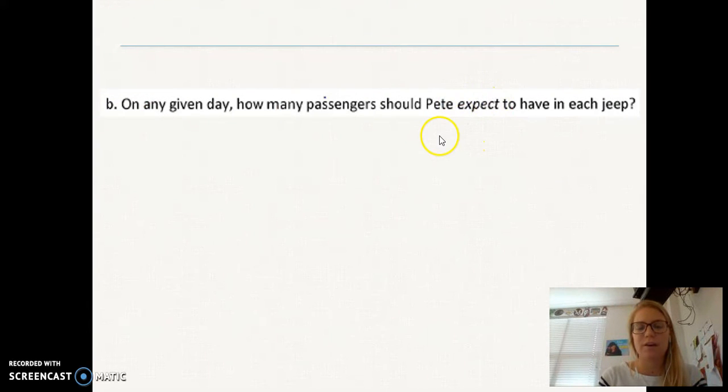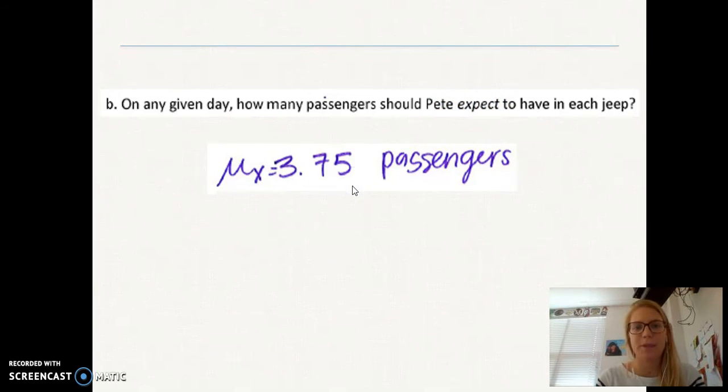You end up with 3.75 passengers. So he should expect to have 3.75 passengers on any randomly selected day. Again, you can't have 0.75 of a person, but we want to acknowledge that this is an average, so we keep the decimal.